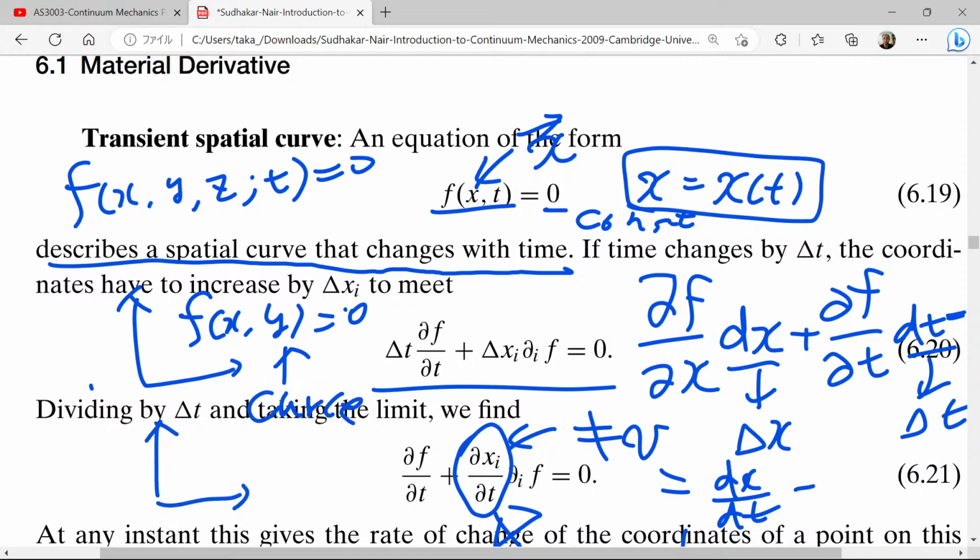But to me, for three dimensions, f(x, y, z) equals 0 is a surface.